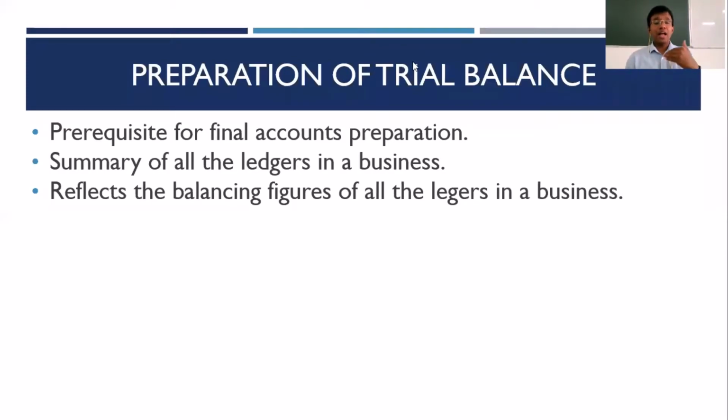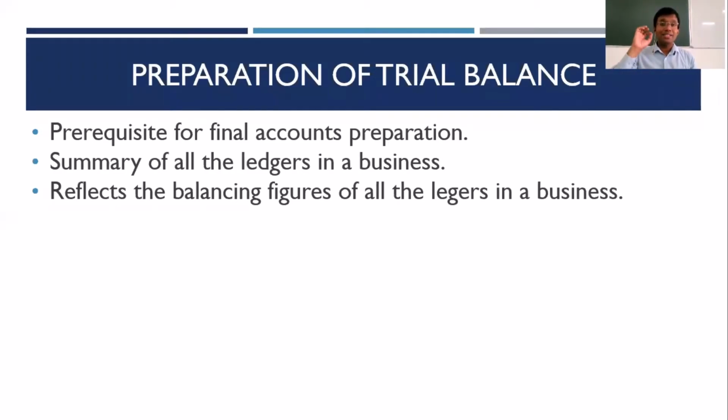So at the end of the financial year, the accountant will close all the ledgers, and whatever balancing figures he gets there, those balancing figures will get picked up and written down into one single place. That single summary of all these balances is what you call the trial balance of a firm.